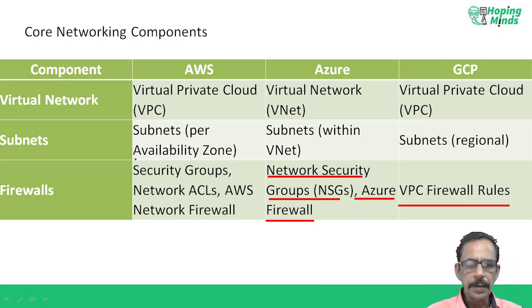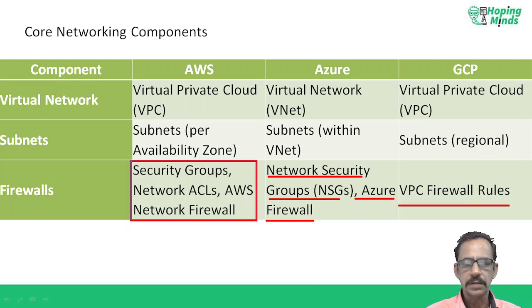Here we are implementing security at three levels: instance level, network level, meaning complete VPC level, and then additional help with security with the help of network firewall. In Azure, it's the network security groups and Azure Firewall. In GCP, it's only firewall. Having only a firewall does not mean it's weak in security.